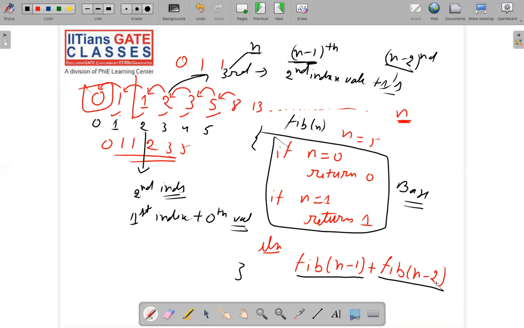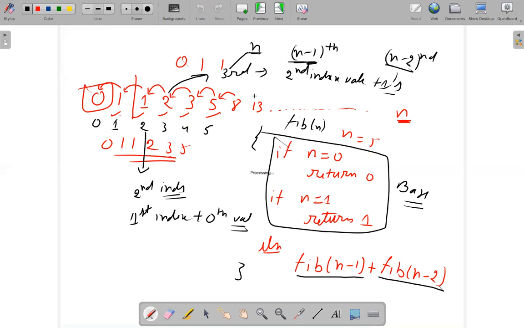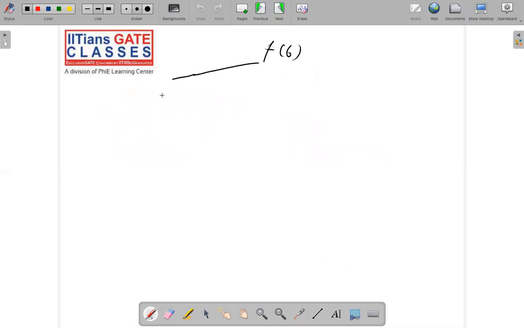Let's create a tree-like structure for this call. If I call Fibonacci of 6, what will happen? 6 is not 0 or 1, so I'll be calling Fibonacci of n minus 1 and n minus 2, which is Fibonacci of 5 and Fibonacci of 4.